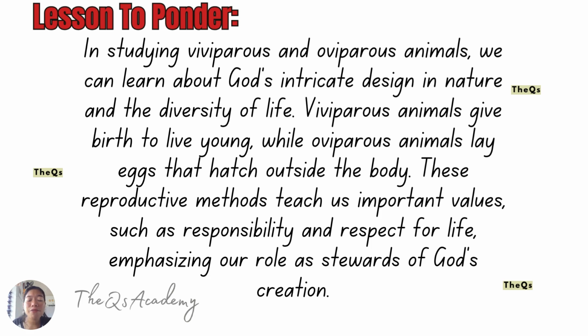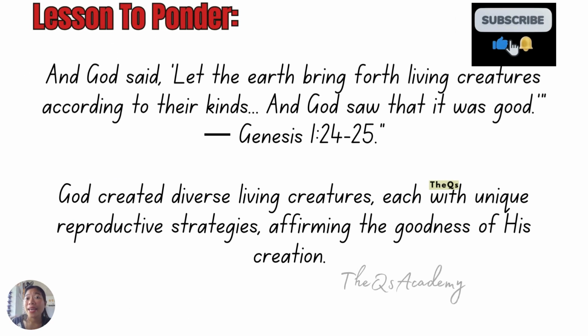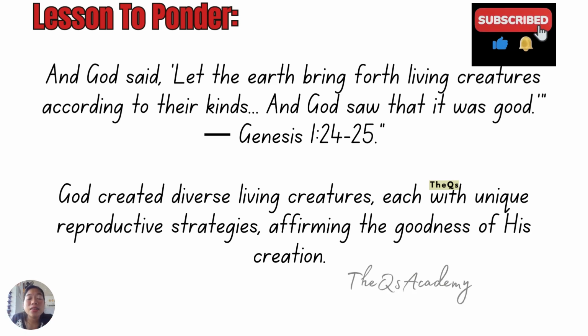These reproductive methods teach us important values such as responsibility and respect for life, emphasizing our role as stewards of God's creation. And God said, "Let the earth bring forth living creatures according to their kinds." And God saw it was good.